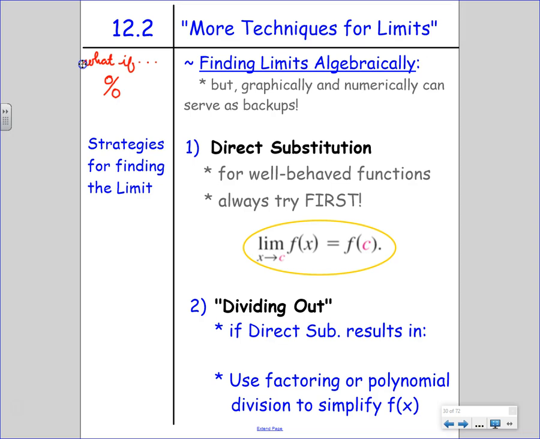Now over here, number over 0 points to a vertical asymptote. As the graphs come in, as the two sides approach the place they're supposed to meet, they can agree going to infinity. They can agree going to negative infinity, or they can disagree, which means the limit does not exist.